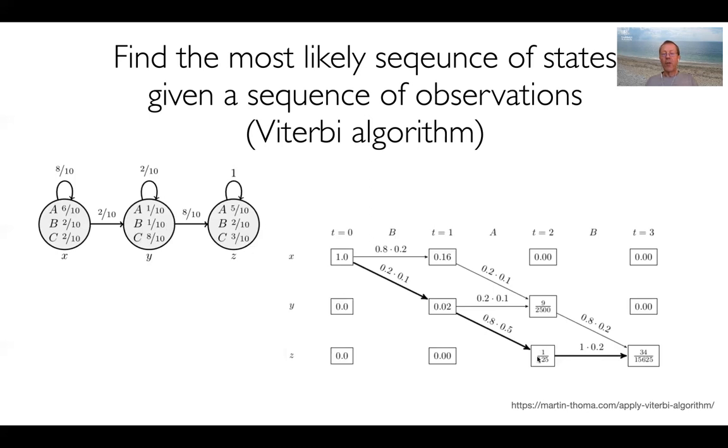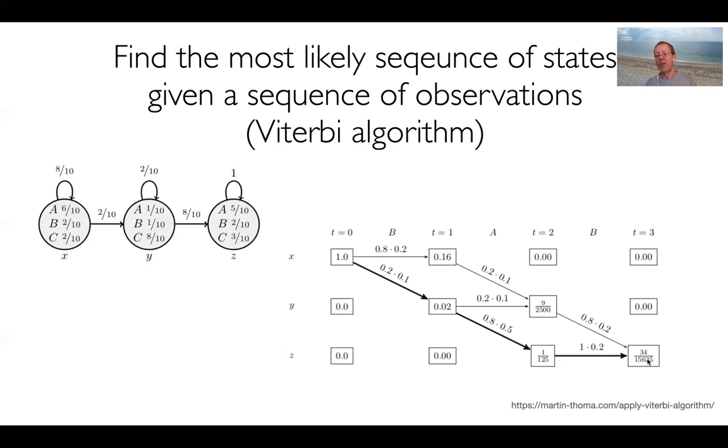On the other hand, if we start out here when we're in Z and have generated B and A, we can then remain in Z. We can just make a transition back to itself. And of course, since there's no other state, this is a probability of 1. So we stay in Z with a probability of 1 and then generate a B, probability 0.2. So now we can multiply this by 1 by 0.2 and add it to the product of these 3.